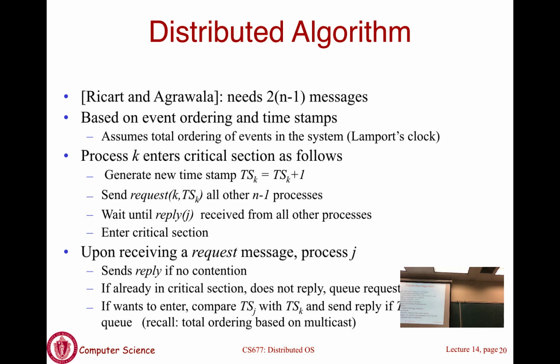Here's a different one. Another decentralized algorithm. This one is actually going to use Lamport's clock. Here we are going to use the notion of event ordering to decide whom to grant the lock. Every time you want to request a lock, you are going to send a message with your Lamport's clock value. You are going to use Lamport's clock to order messages. So if multiple concurrent requests arrive, you are no longer going to do FIFO.